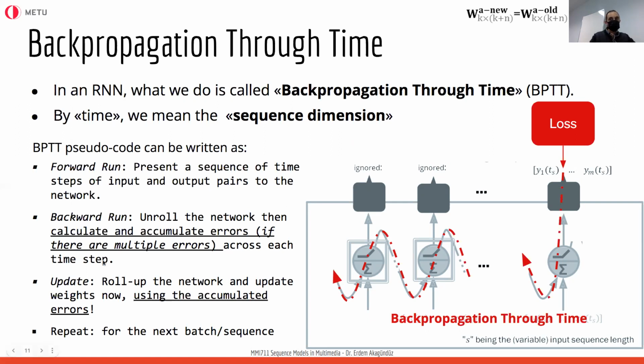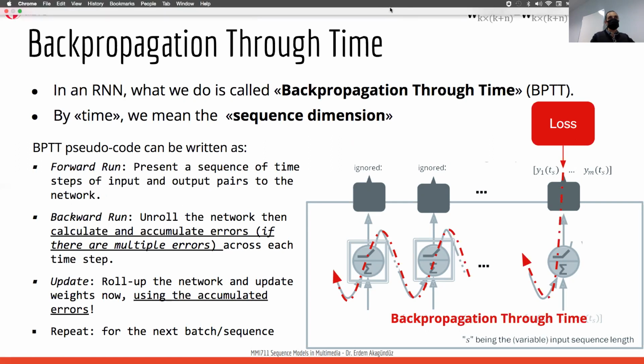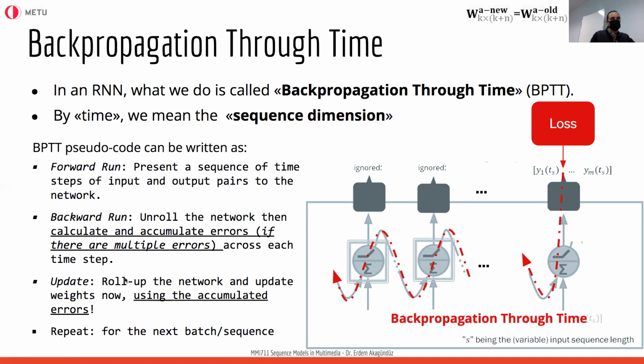And when you're updating at each layer, you update the weights using the accumulated error for all layers. That's the beauty of backpropagation through time. Maybe we should have put this in the slide like this, for all layers at each step.